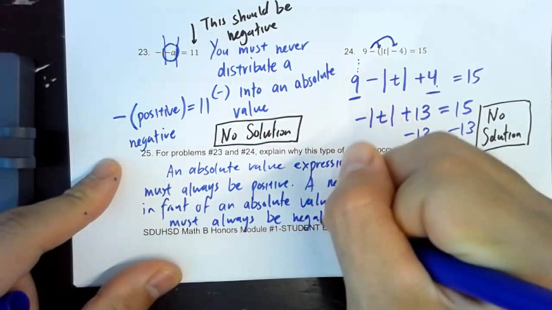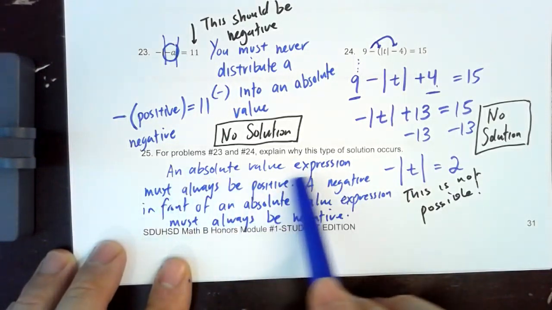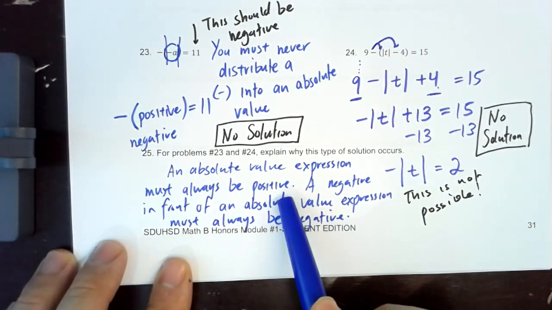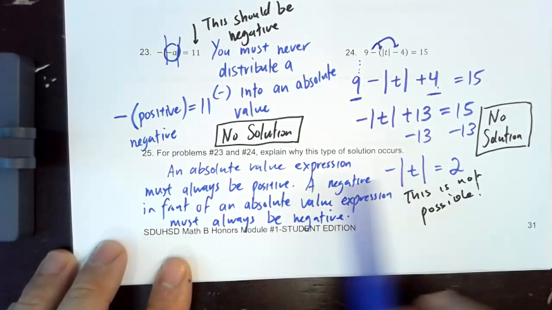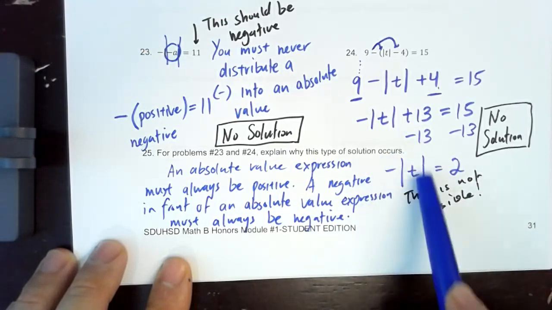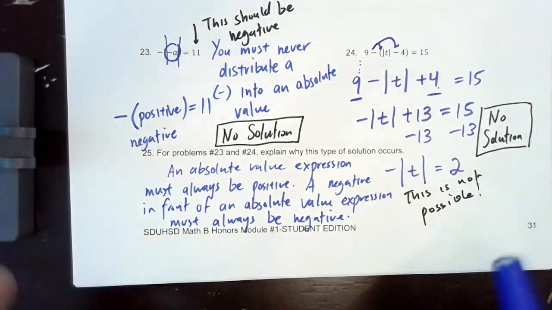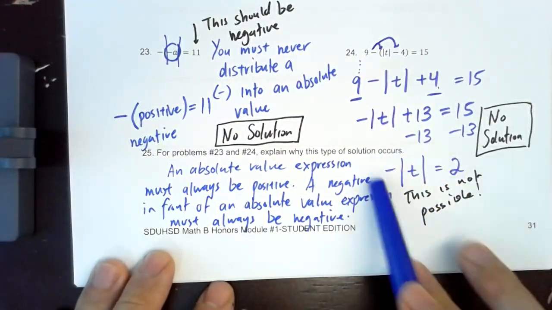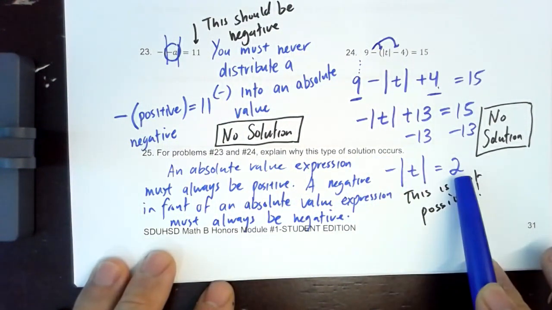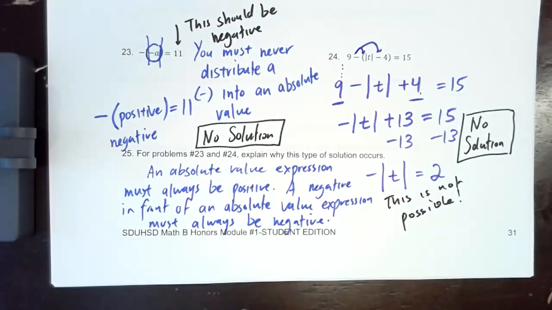And if it's neither of these situations, then you know that something is wrong with your absolute value equation, right? An absolute value expression must always be positive. Therefore, if you put a negative in front of it, this expression should then always be negative. And if there's an imbalance or something that's not right, like in this example, if a negative of an absolute value is a positive still, that's not possible. Anything that's not possible should be deemed no solution.